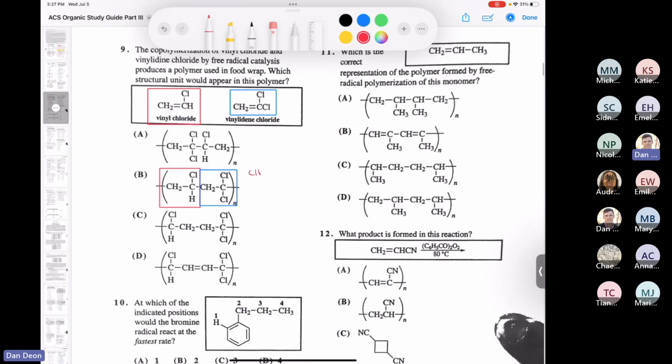You'd say CH2, like this, and then you'd say CHCl, and then you'd go over to the vinylidene chloride, so you'd say CH2, and then CCl2, like that. So that's what is written in B. Just give me a thumbs up if that makes some sense to you now that you see it. So that would be the repeating unit in Saran. This repeating unit here. All right, good.